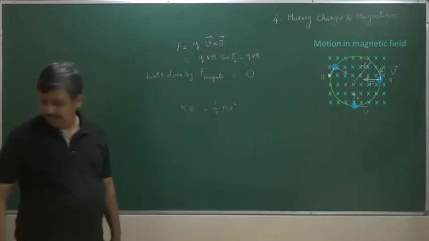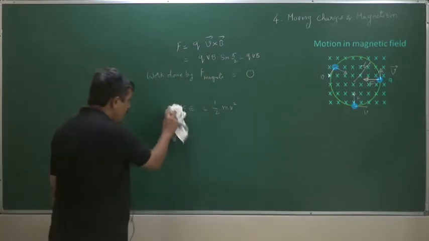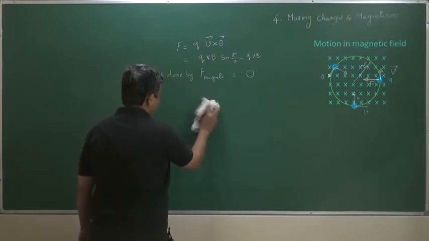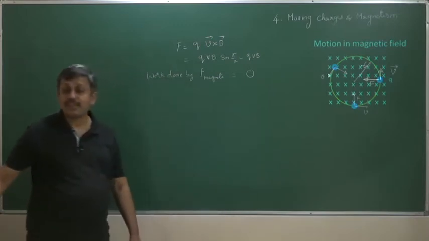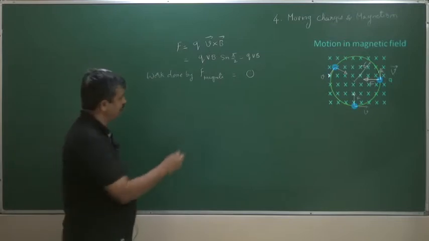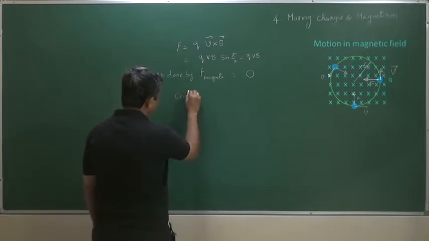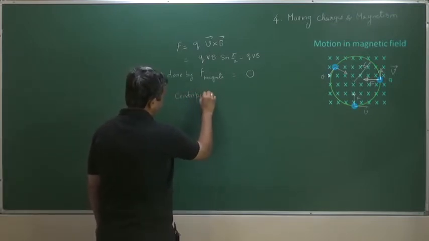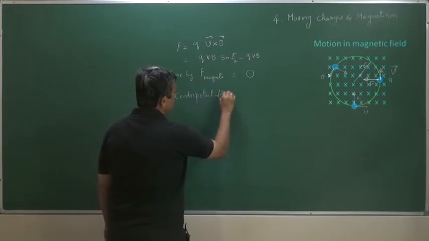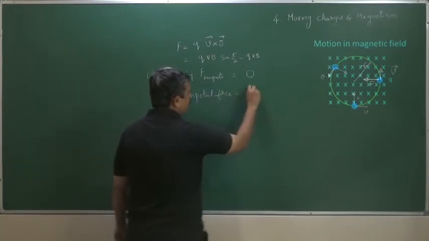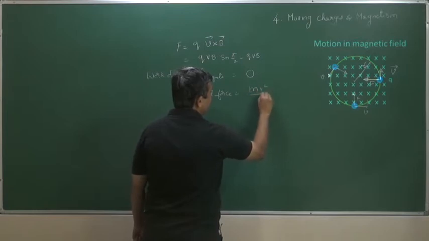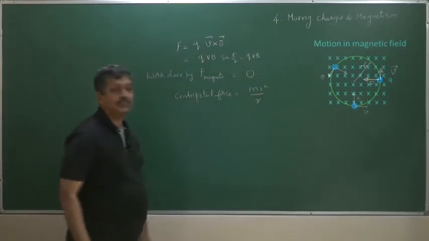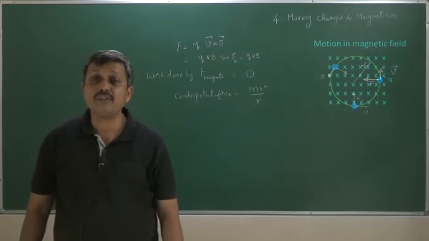Similarly, because this works like a centripetal force, we know the formula for centripetal force also from mechanics. Centripetal force is equal to mv square by r. So we can equate these two.